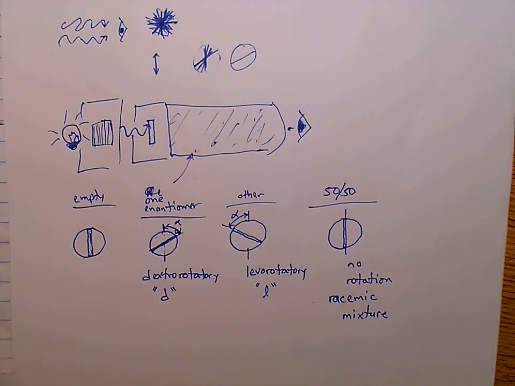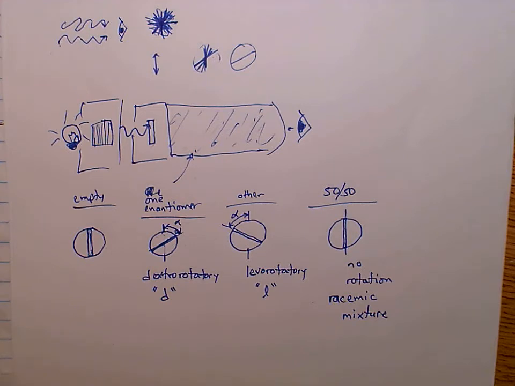You can't distill them because they have the same boiling point. They have the same melting point. They have the same solubilities. They have the same densities. So you really have to find other chiral molecules that they will react with to try to react one of them to get rid of it. It is a pain and it is expensive.